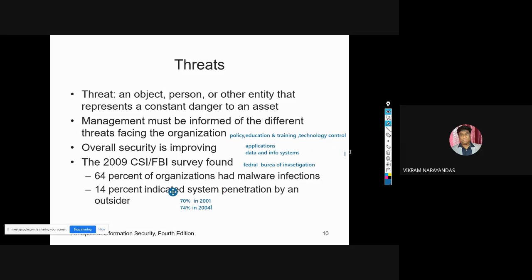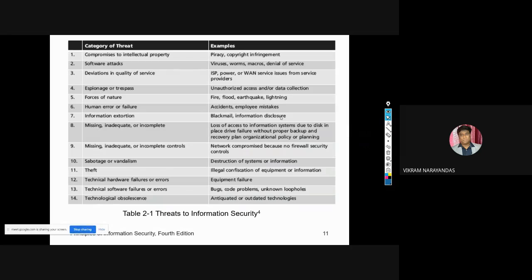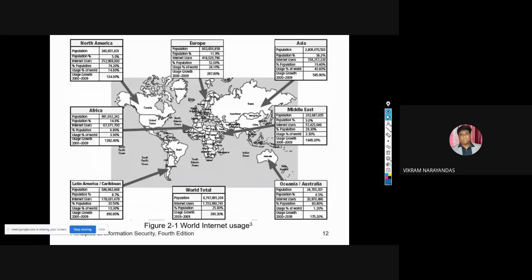So we'll go through the different threats here to understand this. There's a category of threat, and these are examples. We'll go one by one.